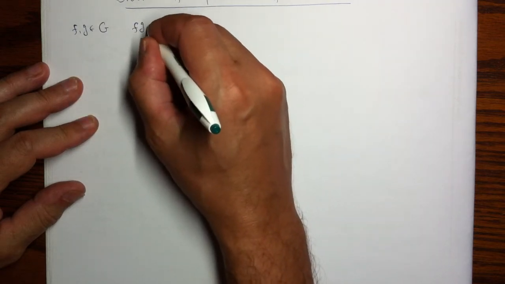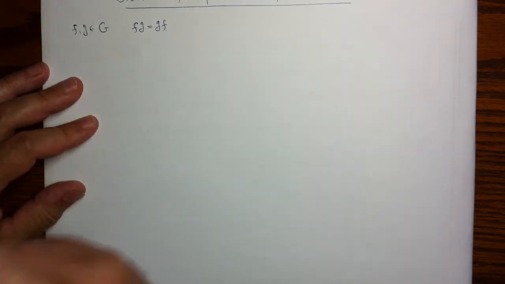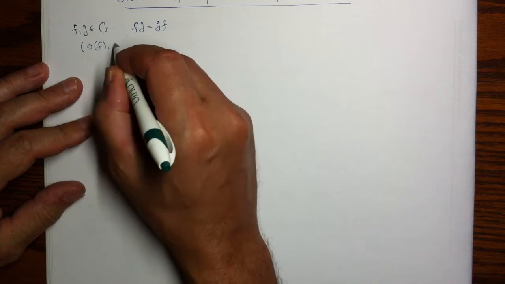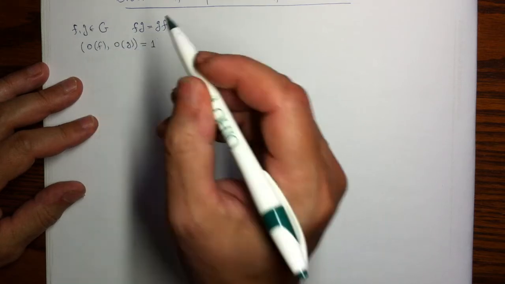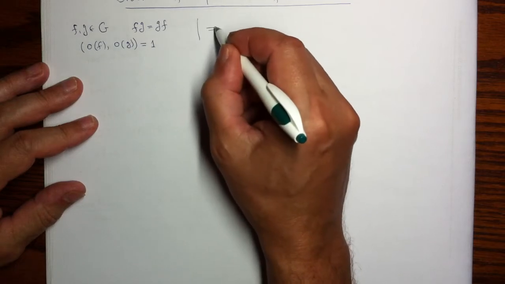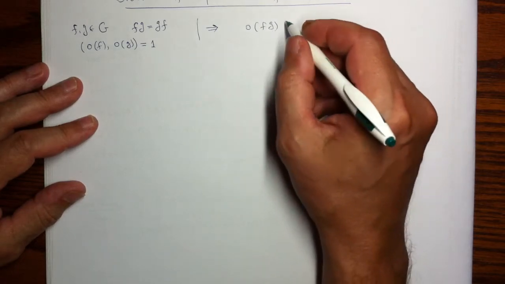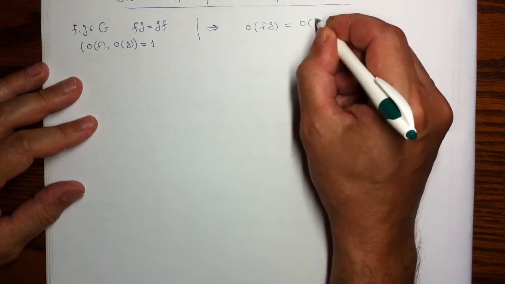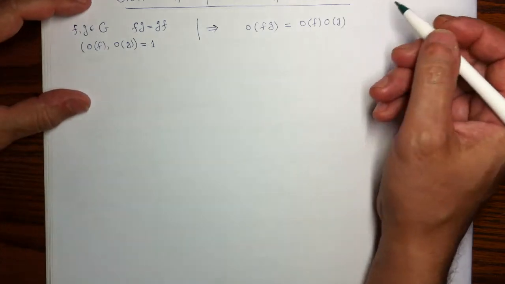The extra condition is that they commute. And then another condition which is going to be important is that their orders, assuming they are finite numbers, their orders are coprime. So under these conditions we can be sure that the order of their product fg or gf, they are the same. The order will be the product of the orders of the factors.